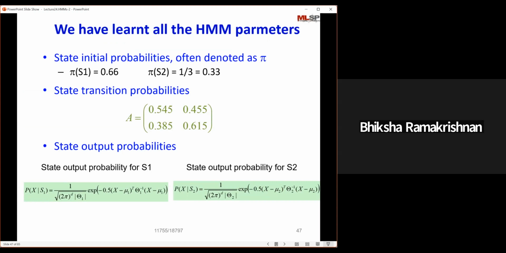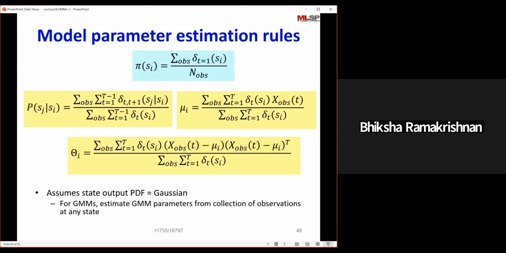Now we saw how this computation was done. I'm going to try to write formulae for it. So the estimate formula for the initial state distribution for any state is going to be this ratio. The numerator is a sum over all the observation sequences. This delta over here is a Kronecker delta.